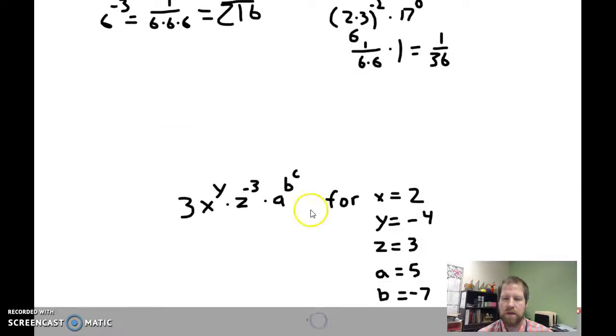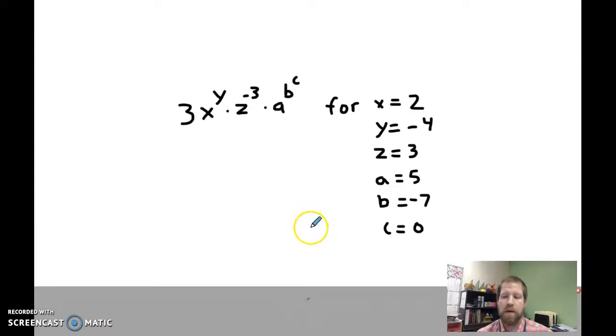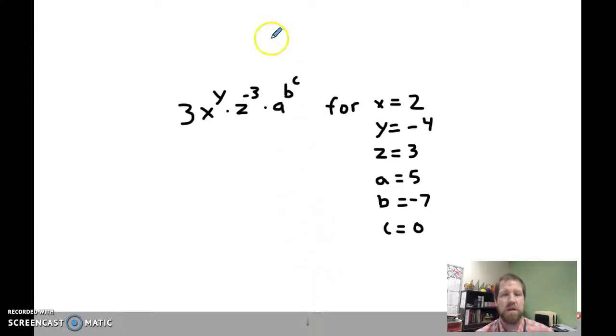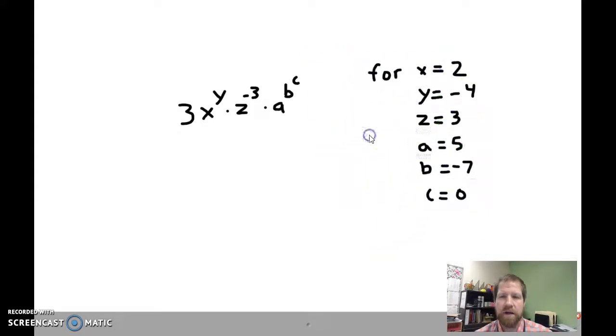Alright, so now let's look at something a little more complicated. You probably won't see anything with this many different variables, but once we plug it in, it should not be that hard to figure out. So our first step is just plugging it in. When I have a situation like this, I don't have parentheses to start with. I'm going to put parentheses around the value that I plug in that's going to go into that variable.